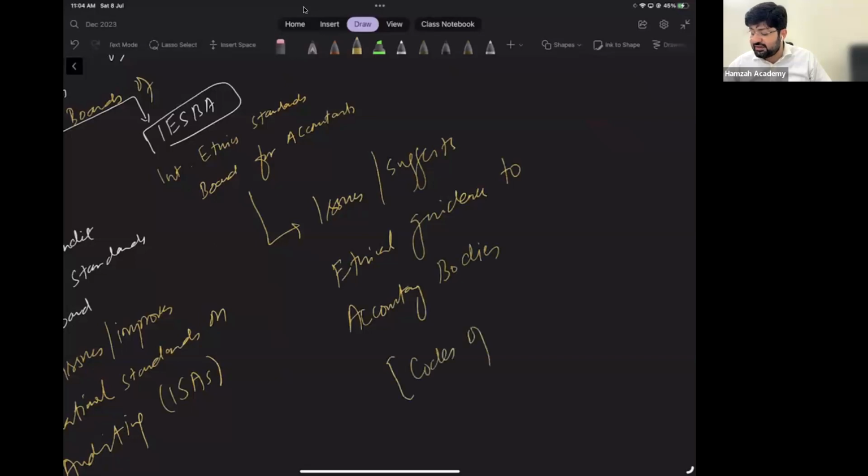In the form of codes of ethics, that is part of our syllabus. ACCA Code of Ethics, IFAC Code of Ethics. Basically, that has been issued by IESBA. But it keeps changing, keeps improving, keeps evolving in the changing circumstances. And IESBA does this job. Continually improve, continue to advise the businesses, accounting professionals especially. Now, next.